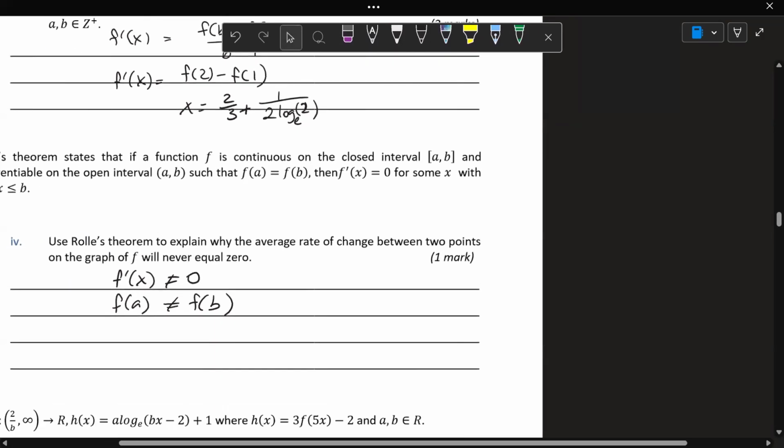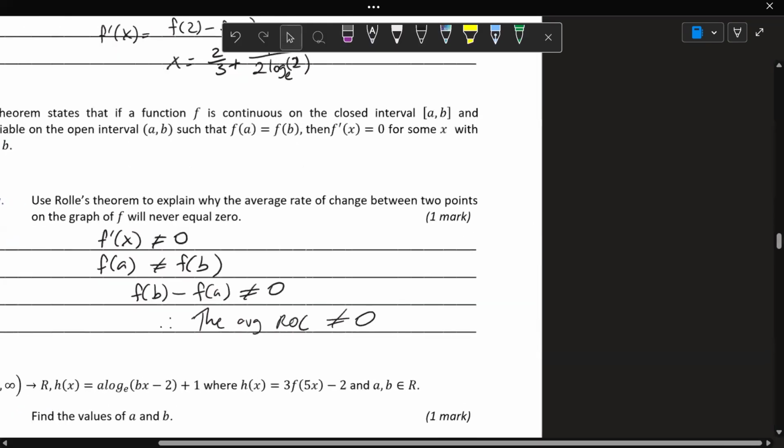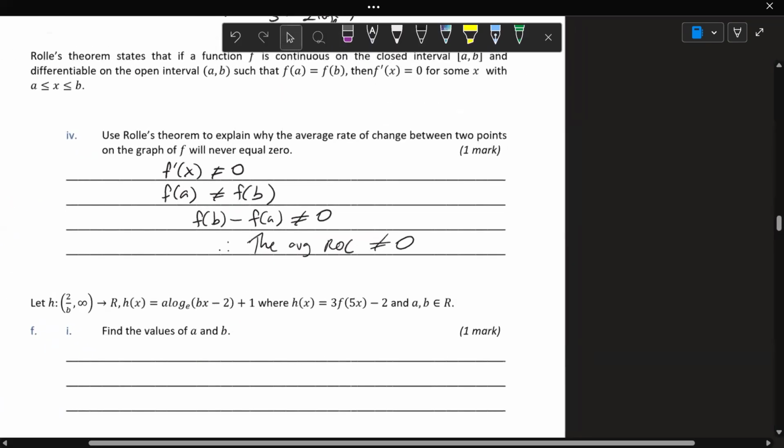Therefore f of b minus f of a cannot equal 0. Therefore, the average rate of change will never equal 0, because for the average rate of change to be 0, f of a should equal f of b. And that's just how you explain this.